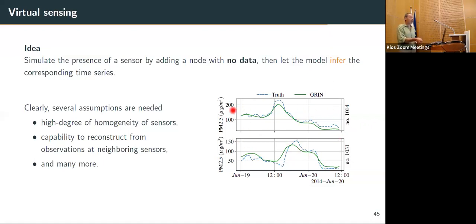This is for one node, this is for another. So those are virtual sensors. What you can get is very important. And clearly, if you have information related to space, because you know it will be there, which means a very strong dependency in terms of distances, then you will get really very good values.